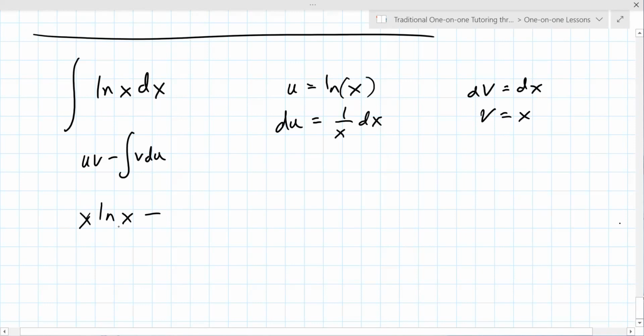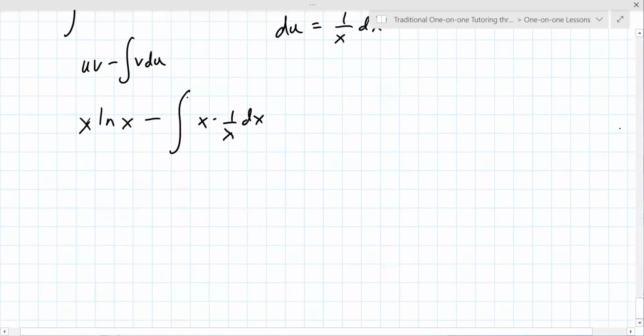So minus the integral of v du, which is x times 1 over x dx. So this is x natural log x minus integral dx. Well, x times 1 over x is x over x, which is just 1, and you don't write 1, you just write dx.